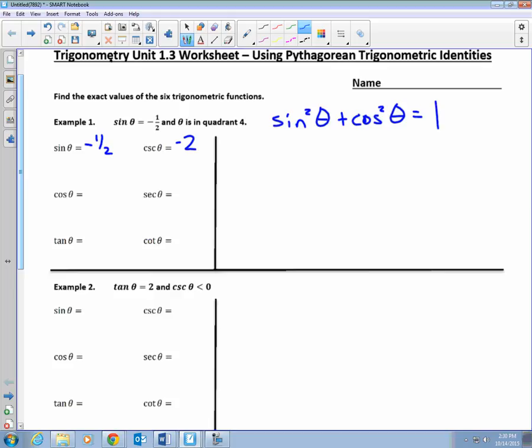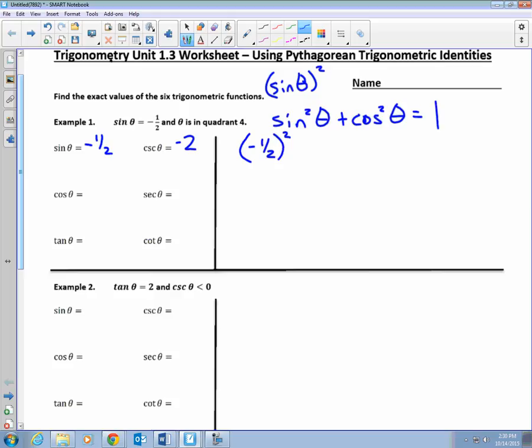So what I do is I take negative 1/2 and I square it. Sine squared of theta means sine of theta, that quantity squared. It doesn't mean you square the theta.